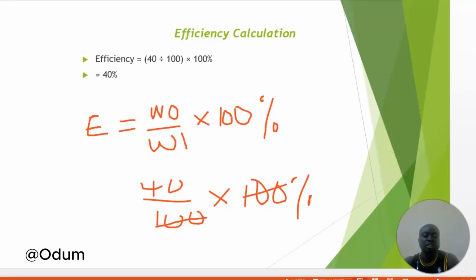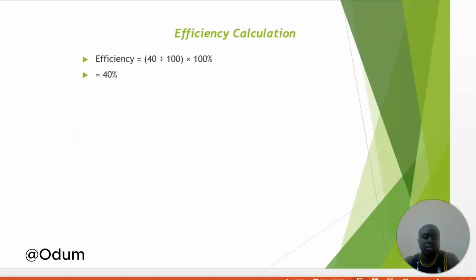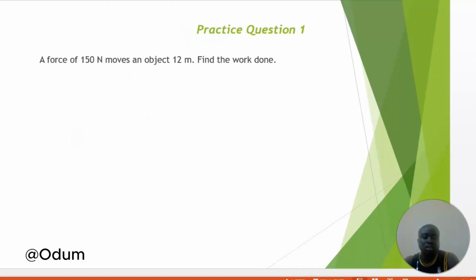This 40 will multiply the percentage sign. Then you're having this 40% as our answer. So that is how we calculate efficiency. When you know your work output, know your work input, multiply by 100%, and you're good to go.